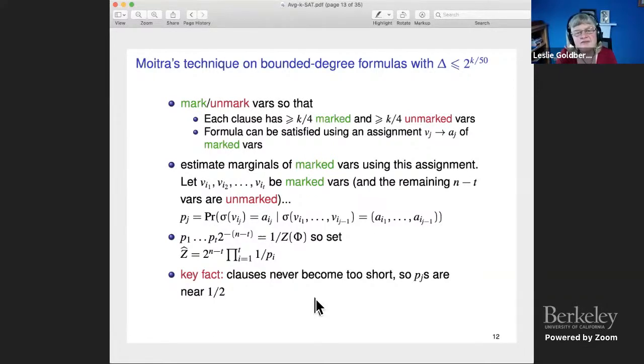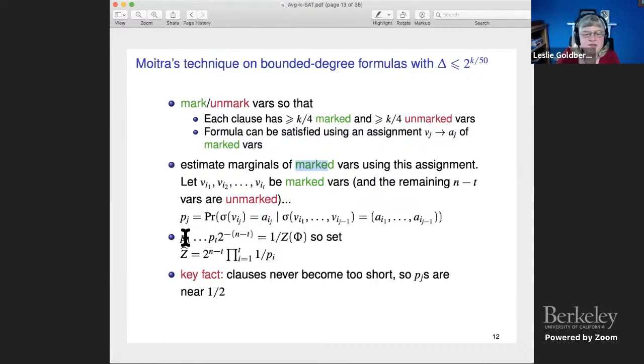The key fact about the marking is that every clause has a bunch of marked variables and also a bunch of unmarked variables. He insisted on one more thing, which is that the formula can be satisfied using the marked variables.